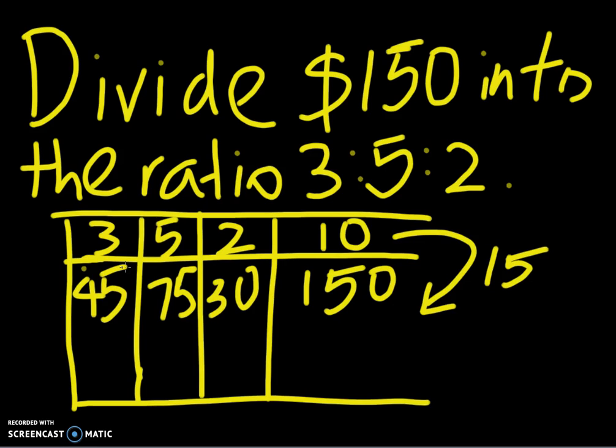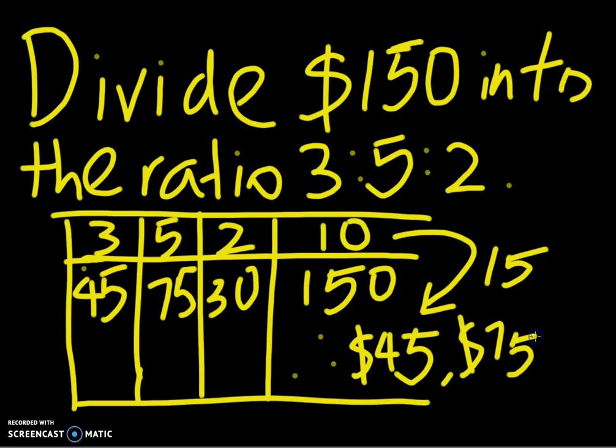So that's how we divide money into a ratio. So the answer is $45, $75, and $30. So we've just divided $150 into three different parts in the ratio 3 to 5 to 2.